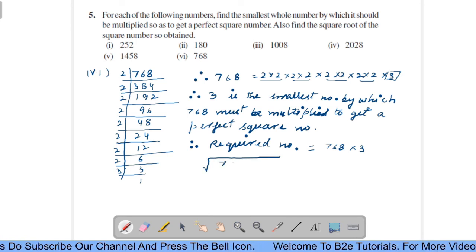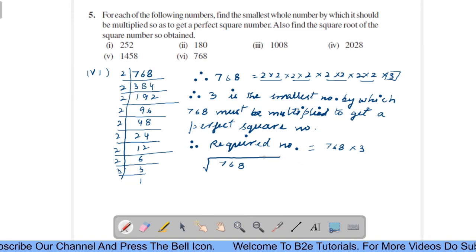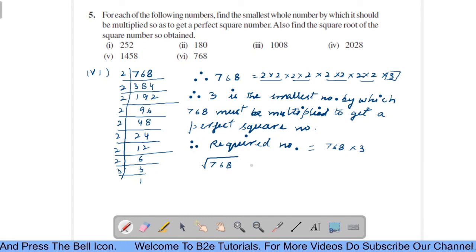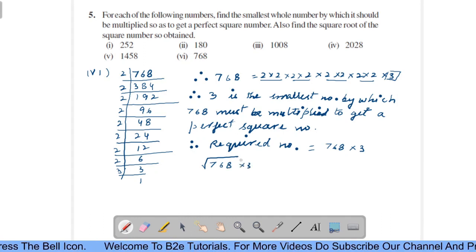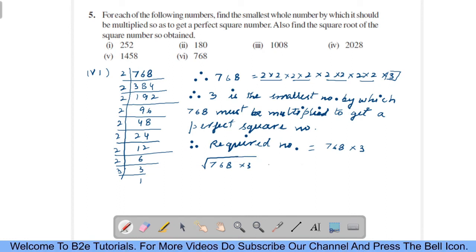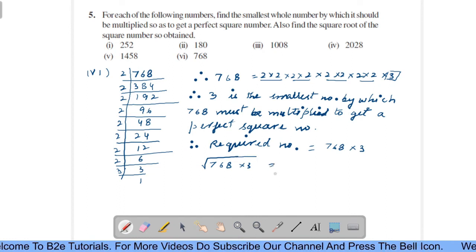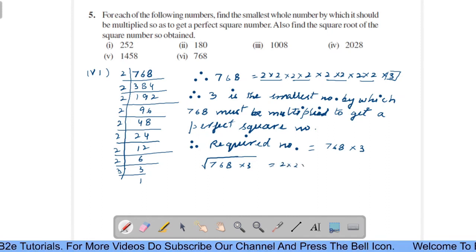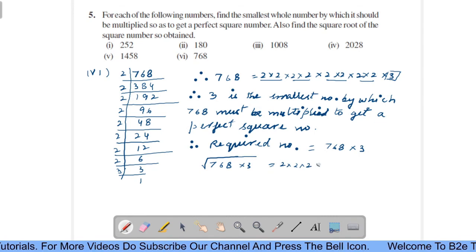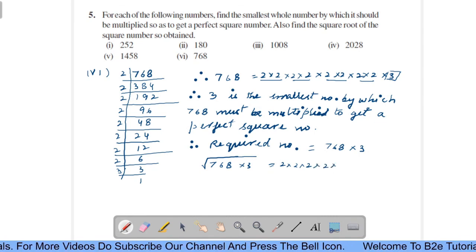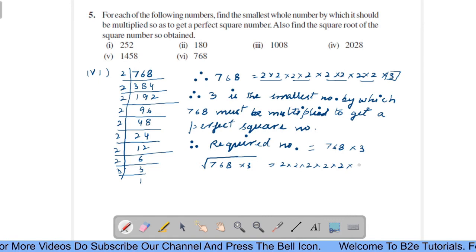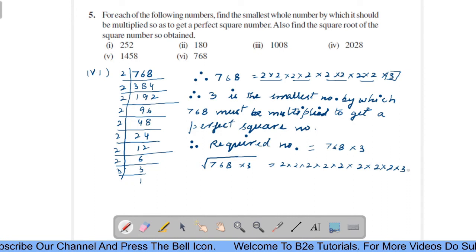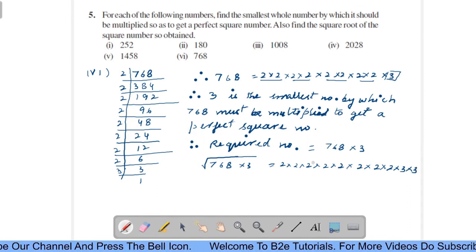It is 768 into 3 equal to 2 into 2 into 2 into 2 into 2 into 2 into 2 into 2 into 2 into 3 into 3 within the square root.